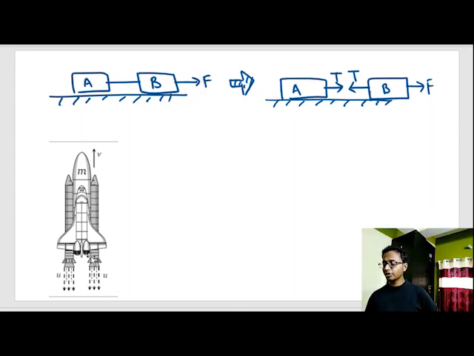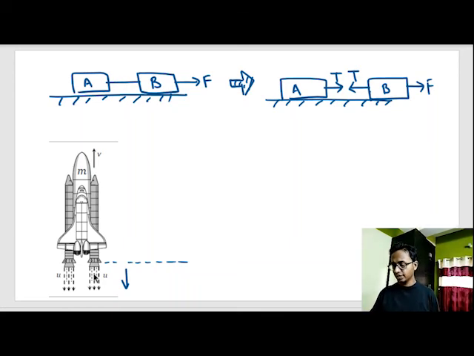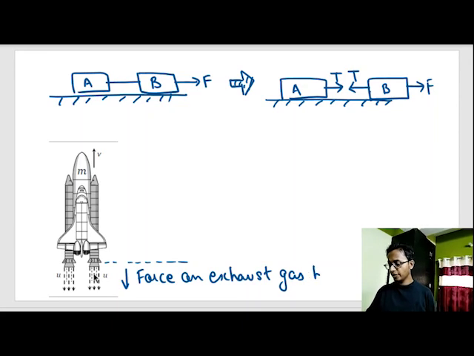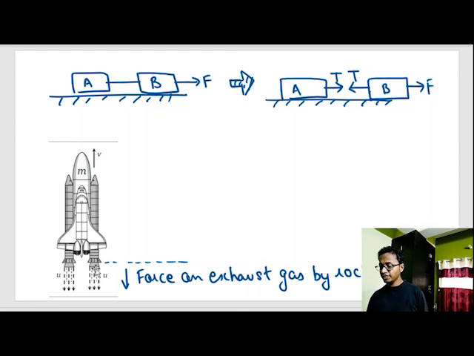Now let's take the example of a rocket. In a rocket, what happens? Gases get ejected from out here with high velocity. So gases get ejected by the rocket. Force by rocket on exhaust gas. That means this rocket is pushing out this exhaust gas.